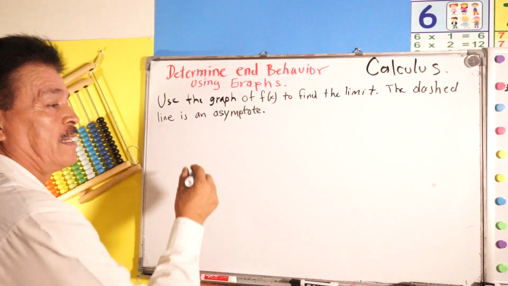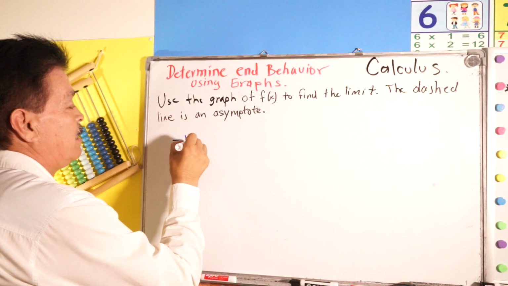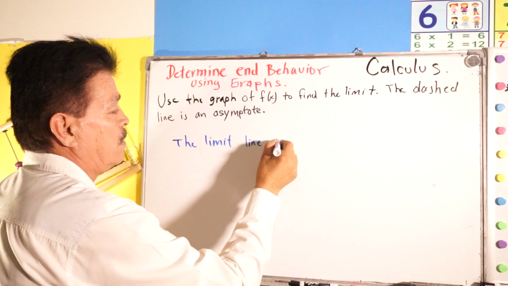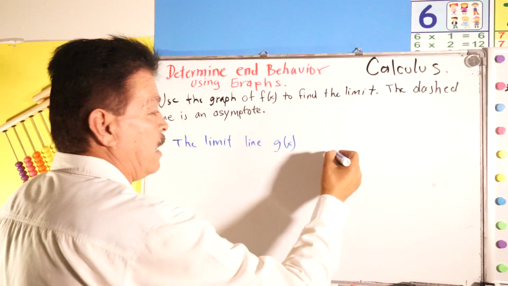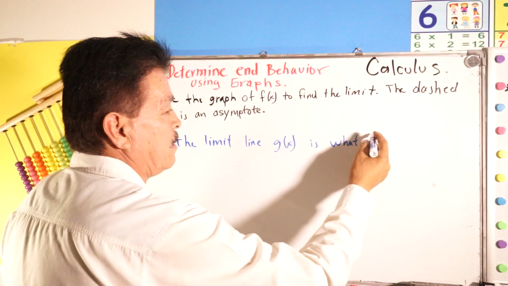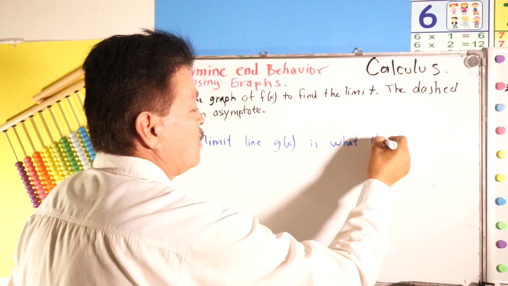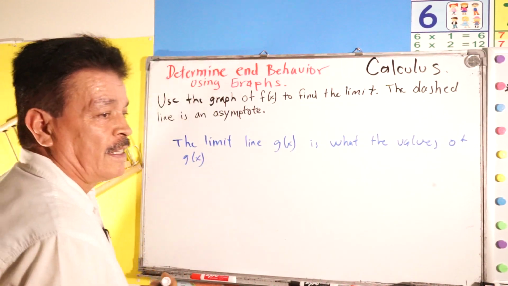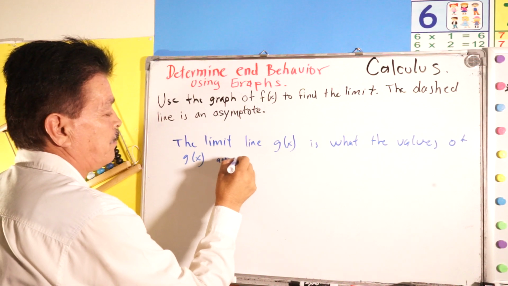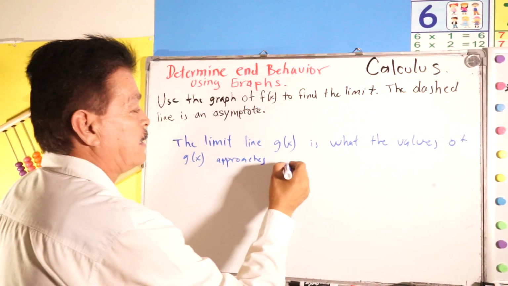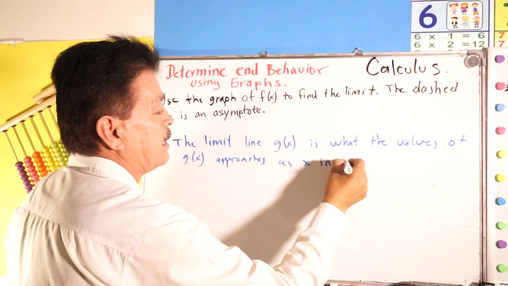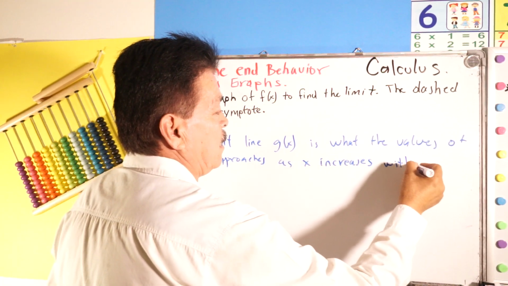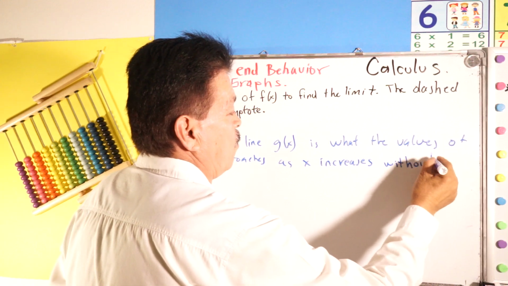One idea, the limit of g(x) as x increases without bound is what the values of g(x) approach as x increases without bound.